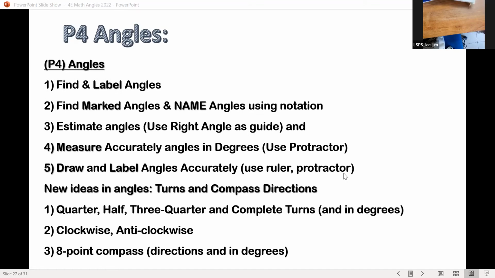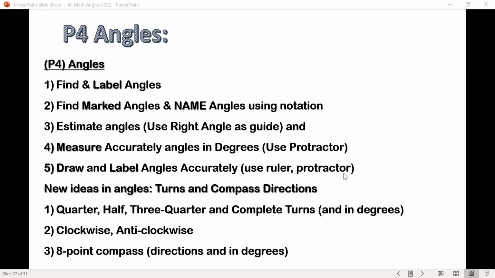In primary 4, we need to not only find angles, we need to be able to label them correctly. Not just labeling them, we need to be able to name them using the right notation. Estimate the angles using the right angle as a guide. That is something from primary 3. But not just estimating angles, we must start to use a unit of measurement called degrees.